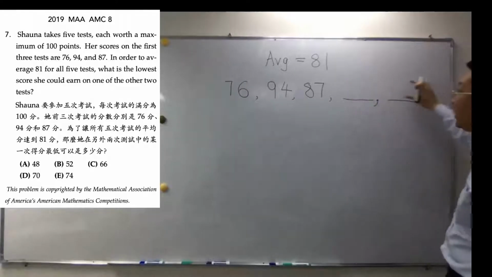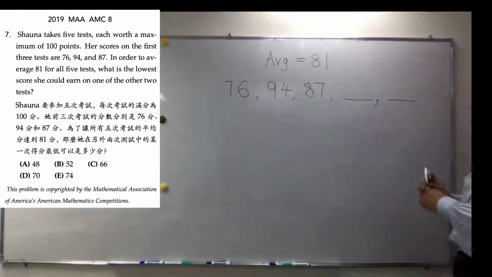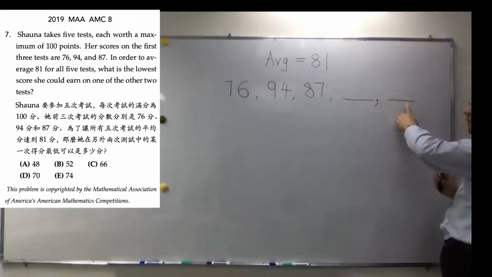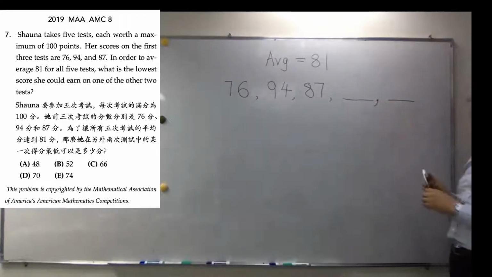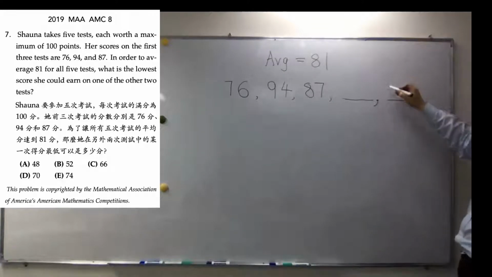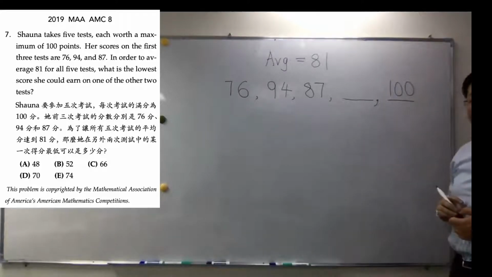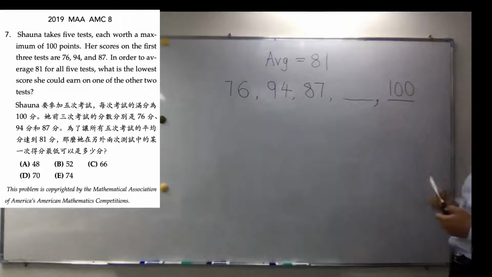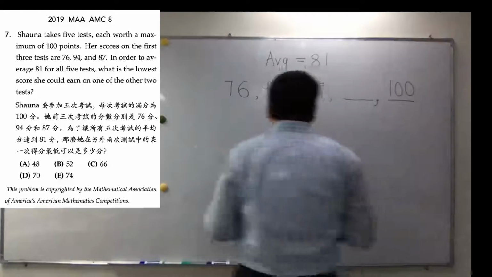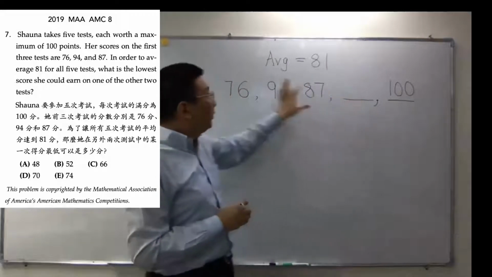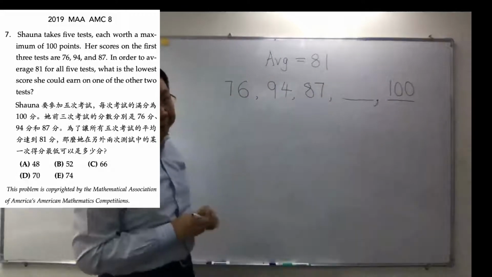So in order to achieve this average, if you want one score to be as small as possible, then the other score must be as big as possible. So we can assume that this guy must have one exam, which is a full mark. That's 100 points.